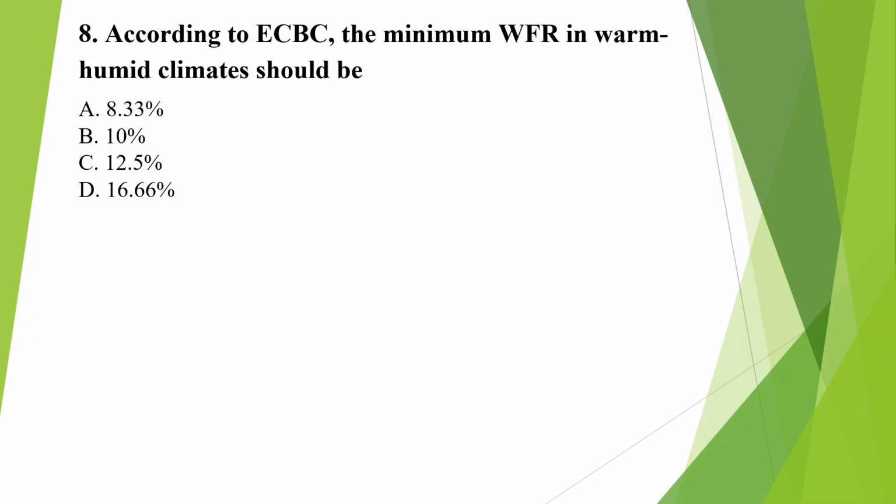If it would have been composite climate, then the answer would have been 12.5%, option C. If it would have been hot and dry, then it would have been 10%, and for temperate it's again 12.5%, and for cold it is 8.33%. So all the options are given for you to commit mistakes, but for warm and humid it's 16.66%, so you have chosen the correct answer.